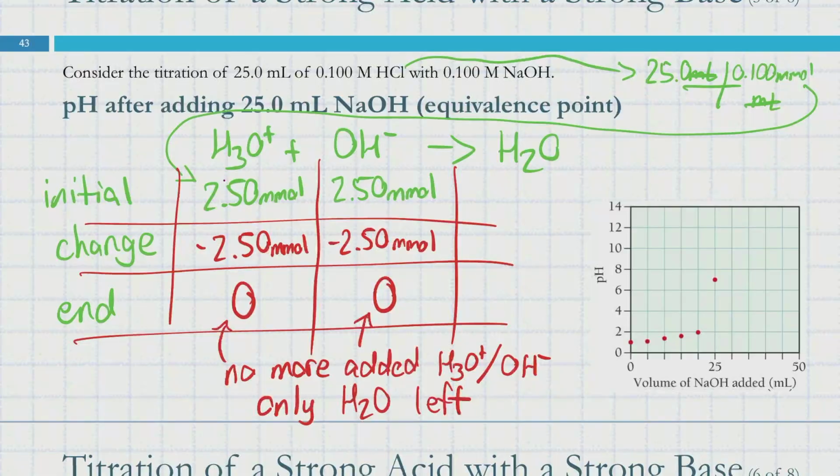And if we're at 25 degrees Celsius, then we know that pure water has a pH of 7. So that's why our pH is 7 there at our equivalence point.